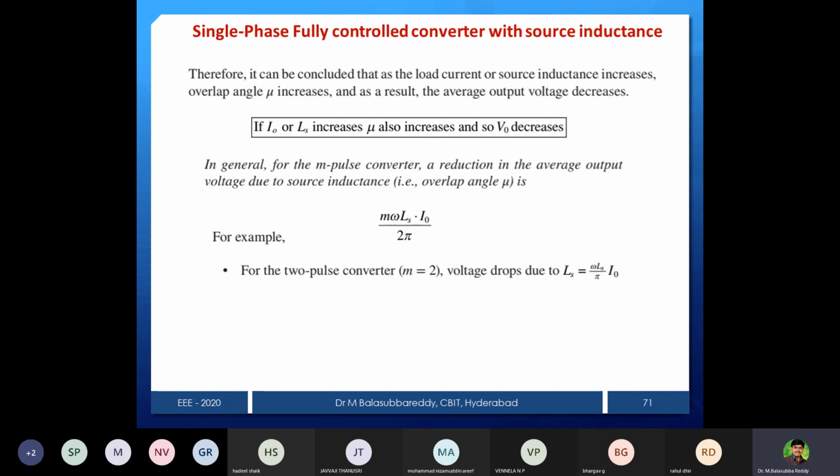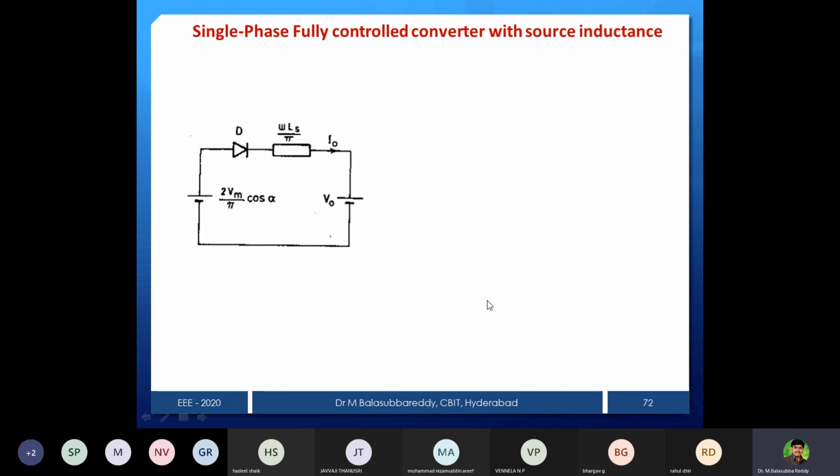Now same thing, that's what I mentioned. M is equal to 2, it will be like this; M is equal to 6, it will be like this. Now representing this, what is the output? Same expression, whatever we derived: V out is equal to 2 Vm by pi into cos alpha minus omega Ls by pi into Id.